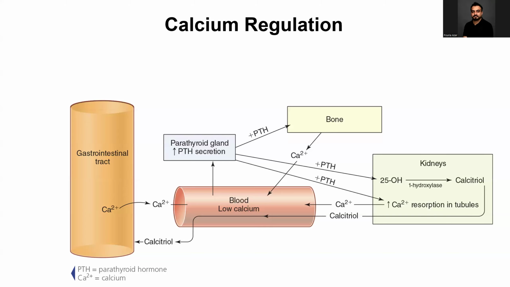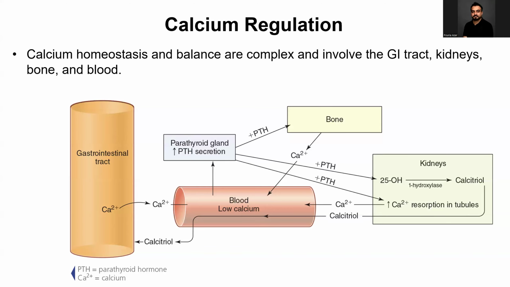Different factors and hormones, like vitamin D and parathyroid hormone, regulate calcium homeostasis. Bones also regulate calcium level. So calcium homeostasis and balance are complex and involve the GI tract, bones, kidneys, and blood.